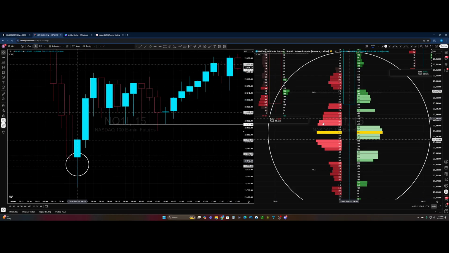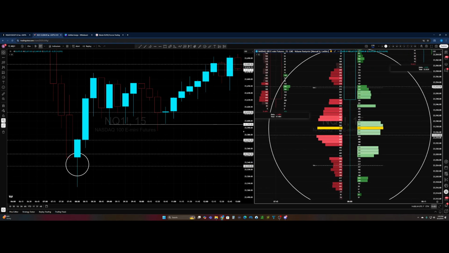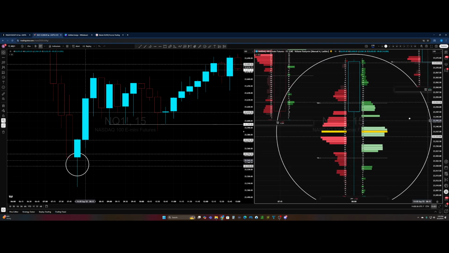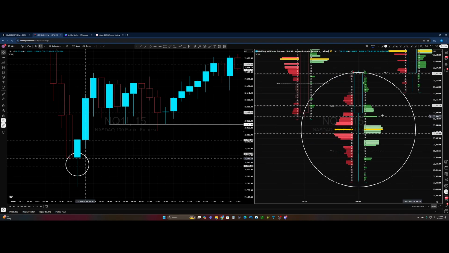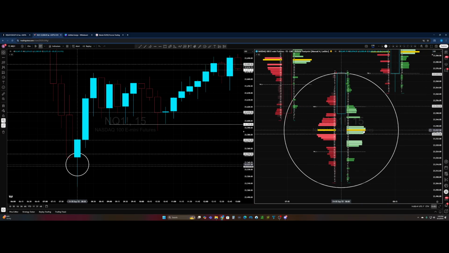This is a very specific type of order flow analysis where you are able to make better entries and exits and more accurate analysis of where you want to get out or what's happening. So going back, the POC is noted by the yellow. This is where the most volume has been traded.